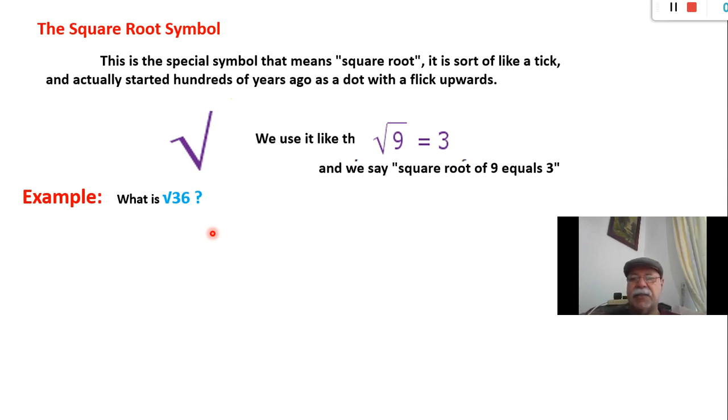That's why 36 comes from 6 times 6. Written in mathematical language, the square root of 36 equals 6.